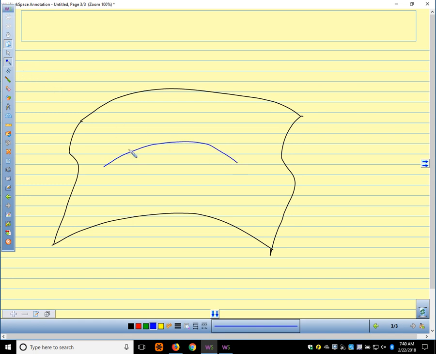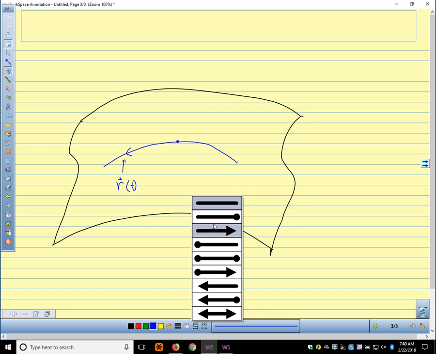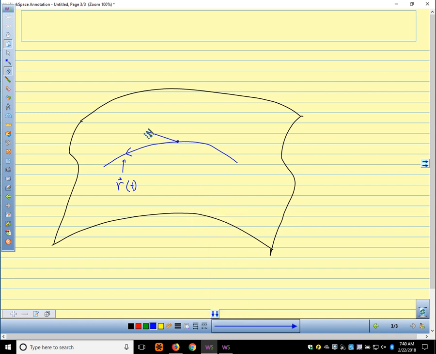And I'm going to say that is r of t on the surface. So at a particular point, from r prime, we get our tangent vector. So there is r prime of t.